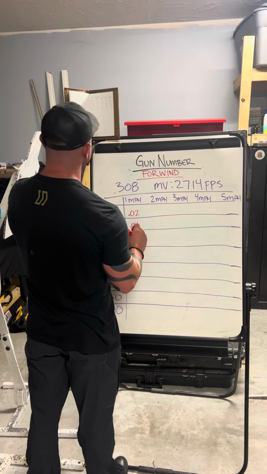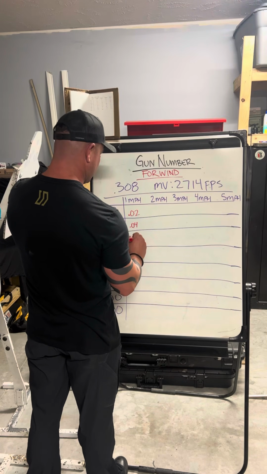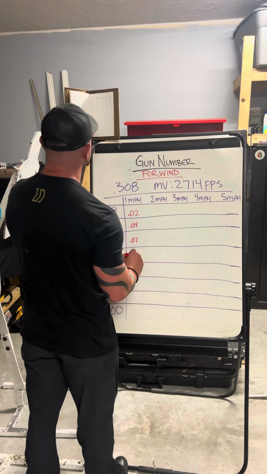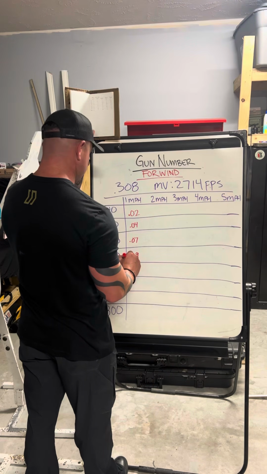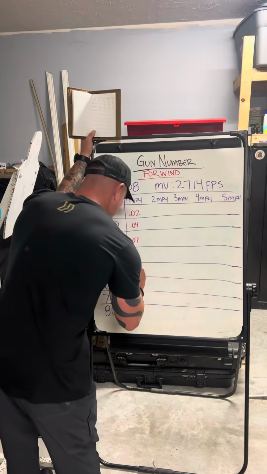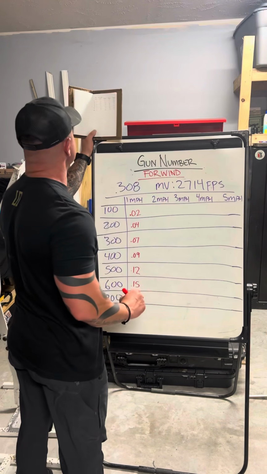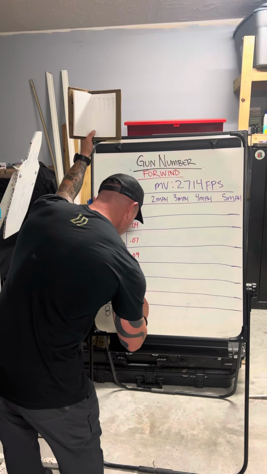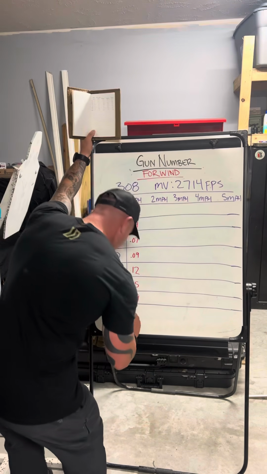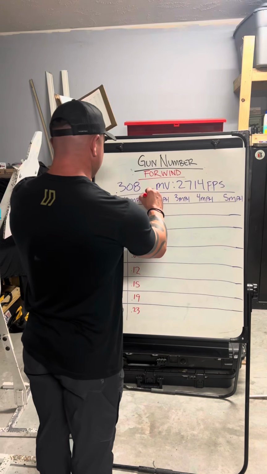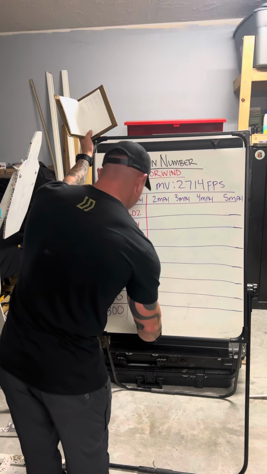These are our numbers that we are looking at for my particular round with this muzzle velocity of 2714. Okay, so that is our first column.